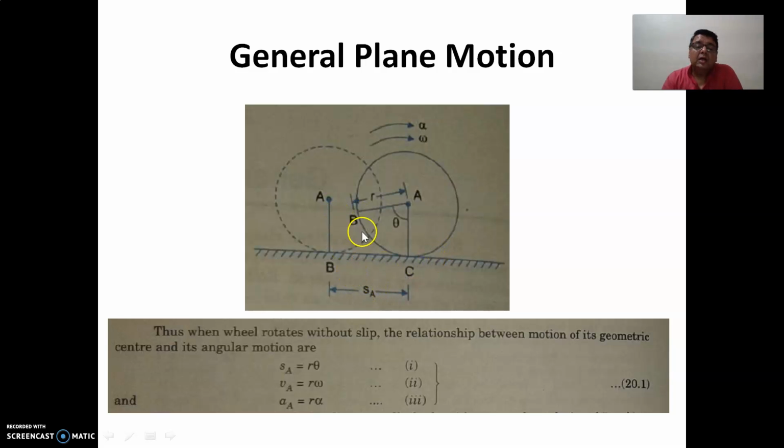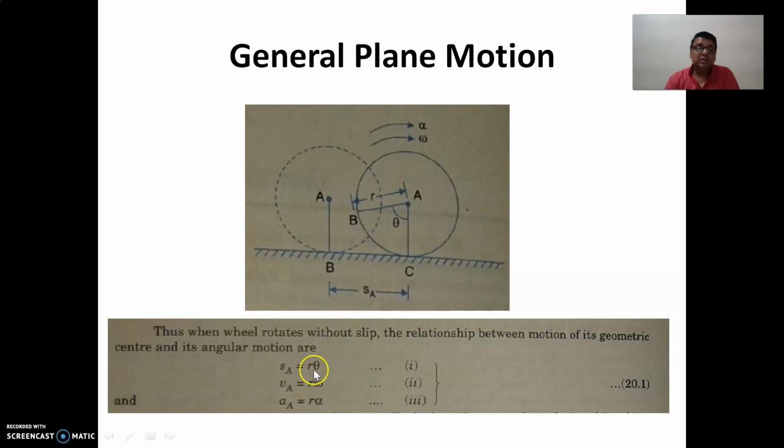Okay, so we can always see that this SA, that is this B to C, is equal to R into theta, and SA is the linear motion of this geometric center A. So SA is equal to R theta, and if SA is equal to R theta, then VA, the linear motion of geometric center A, is equal to R omega, and in the same way, AA is equal to R alpha.